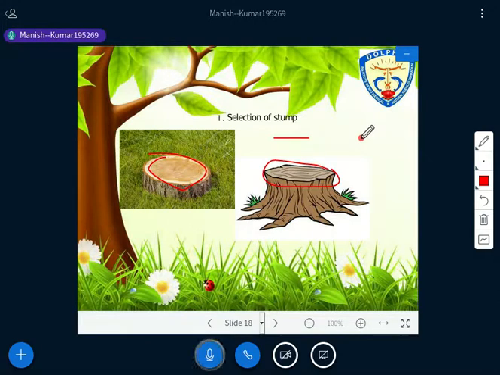We are not supposed to select any isolated tree. So the same concept has to be used here also: the stump that you are going to select is going to represent the entire crop. So obviously those things have to be followed, that the crop should not be located in an isolated position, as I explained to you.